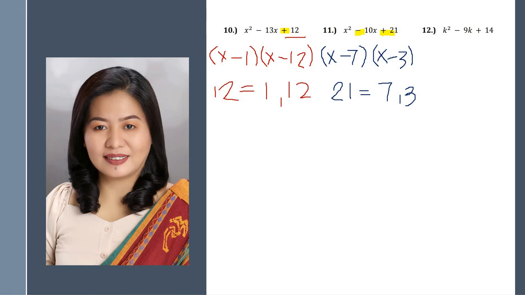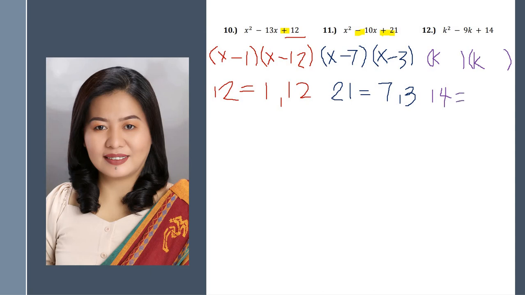Number 12, we have k squared minus 9k plus 14. So we have k and k. Factors of 14 that give a sum of 9.